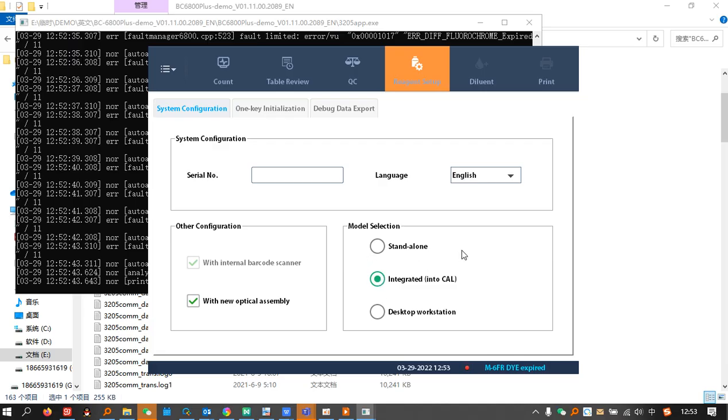But if you want to remove the 6A from the KEL 8000 and install it as a standalone, you need to set the configuration before you power off and remove it. You need to set it to standalone and then power off, and then install it to another autoloader and then power on and upgrade the software.